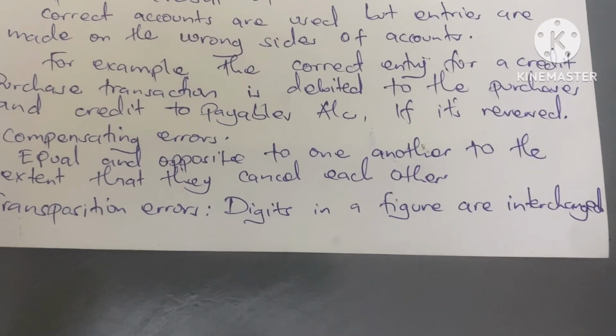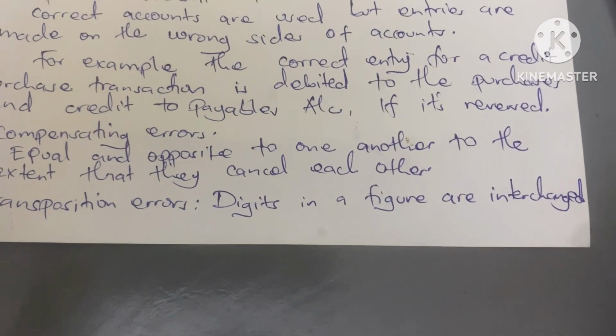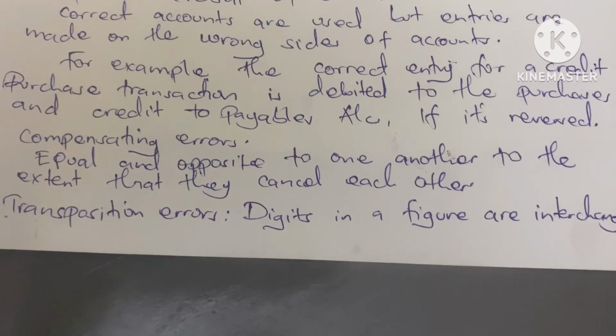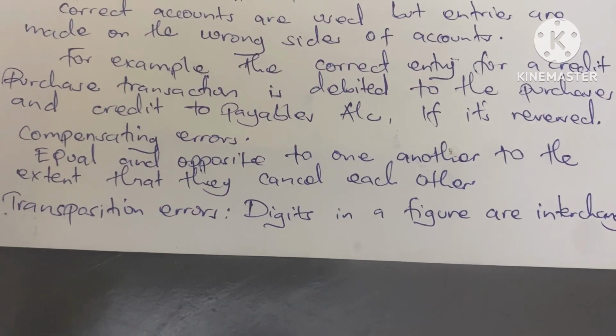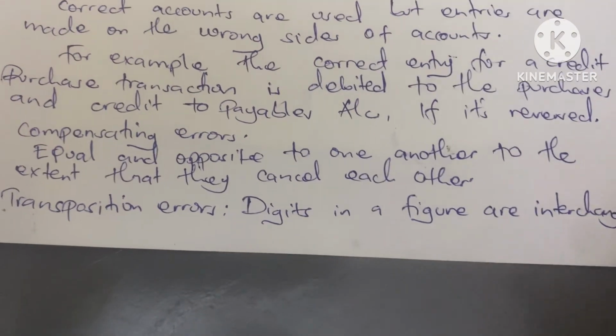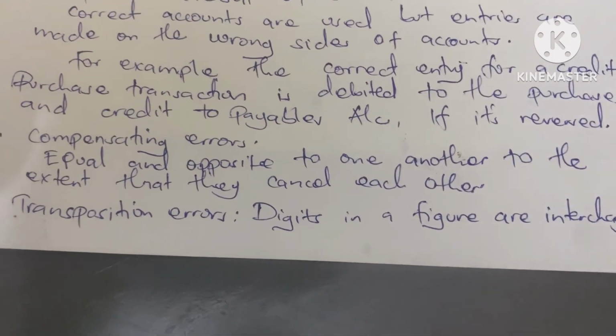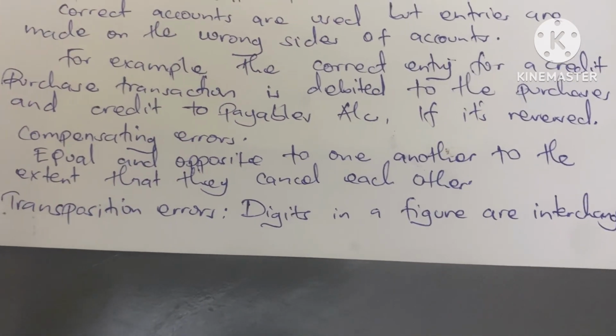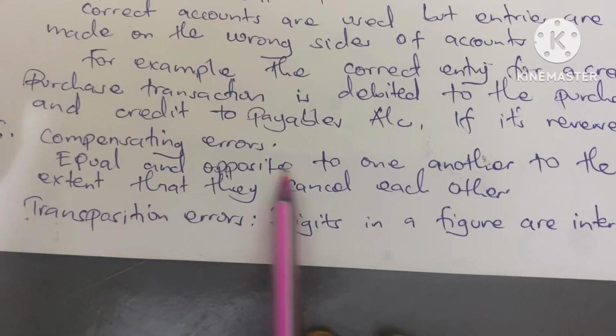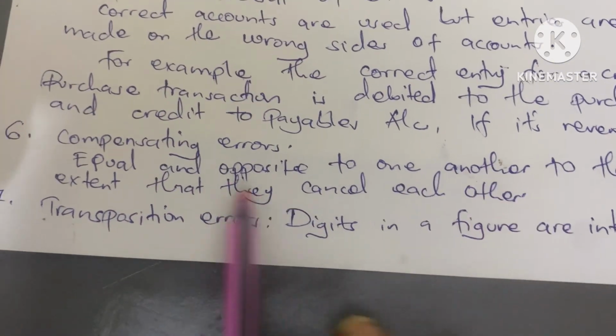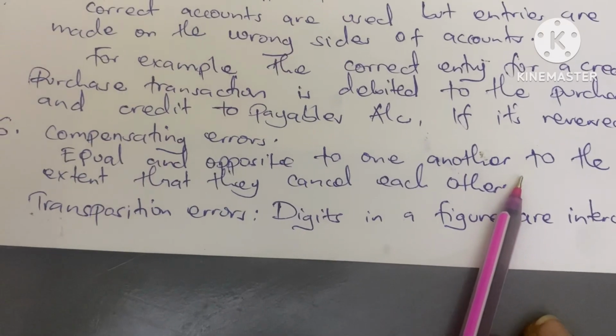So you've made two errors, but they have compensated each other. One was understated and then another one was overstated. So meaning they'll cancel each other, that they are opposite and they'll cancel each other. So equal and opposite to one another to the extent that they cancel each other.